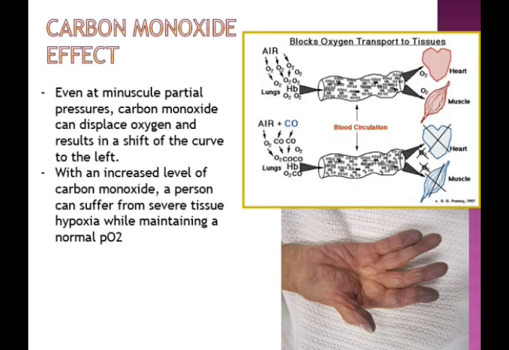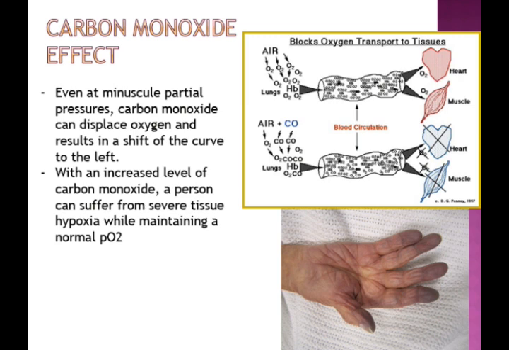Okay, as you can see here, hemoglobin usually binds with O2 to carry the O2 to the tissues. But in this case, your red blood cells get CO, or carbon monoxide, and will ignore oxygen, and also will ignore CO2, meaning that the acidity of your blood increases because there is nothing absorbing them.